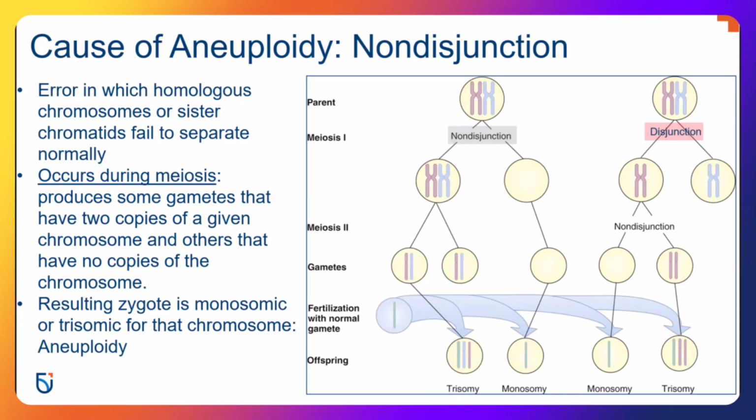So the summary here, non-disjunction during meiosis, whether it's at meiosis 1 or meiosis 2, leads to abnormal gametes, and so abnormal eggs in this example, and once it's fertilized by a sperm, these errors become fixed in every cell of that developing organism. And so I gave you the example of eggs versus sperm, but we could flip that around as well.